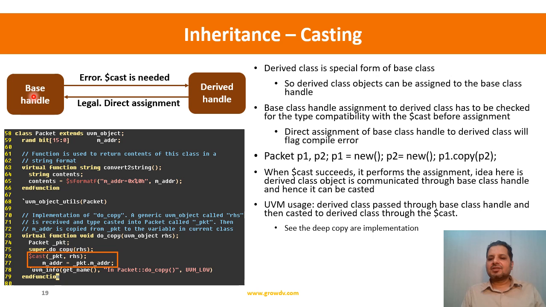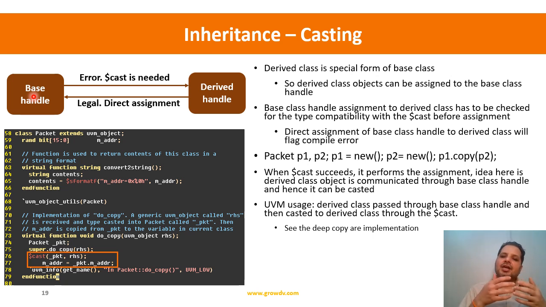What happens is, in object oriented programming, this is one key concept that I want you to understand: you can create and define a base class, and then many people can extend that particular base class and implement many derived classes out of it.